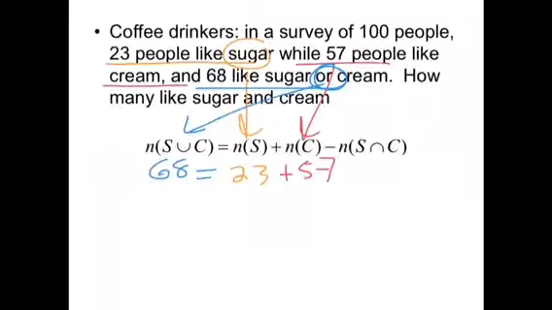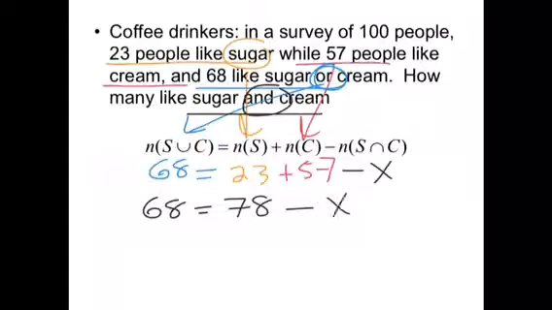And then what we don't know is how many people like sugar and cream. The and implies it's the intersection, so that's going to go down here. Doing some math, we get that 68 is equal to 78 minus x. If I subtract 78 on both sides, we get negative 10 is equal to negative x, which means that there are 10 people who like sugar and cream.